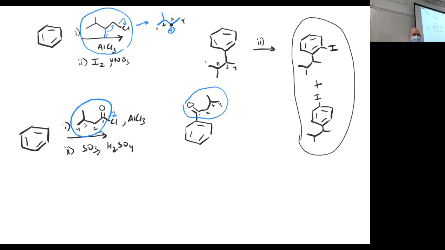Okay, so second step is SO3 and H2SO4. What does that add on? No, this is SO3. It's okay. Anybody remember what that puts on there? This is your electrophile, the SO3. It's going to attach your SO3 with one more hydrogen.